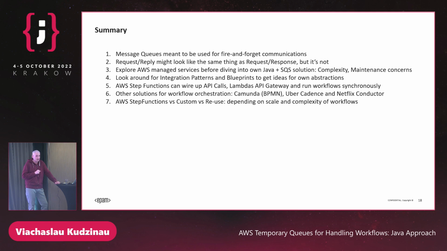And there are other solutions for workflow orchestration: Camunda and BPMN notation. You can draw your workflow in BPMN, drop it into Camunda, and it will execute it. Uber Cadence, Netflix Conductor. And here comes the last item: which one to use? Which one is better?